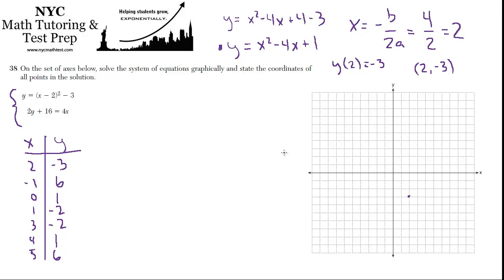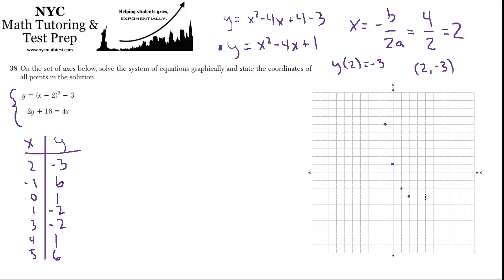We have negative 1, 6. That's way up here. Negative 1, 2, 3, 4, 5, 6. And 0, 1. Then 1, negative 2. That's here.